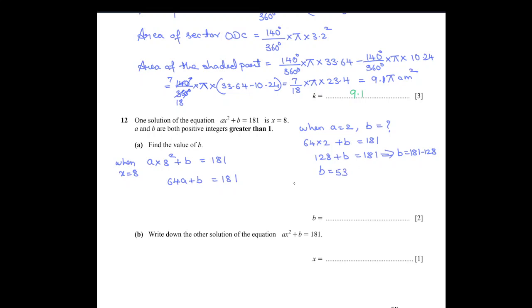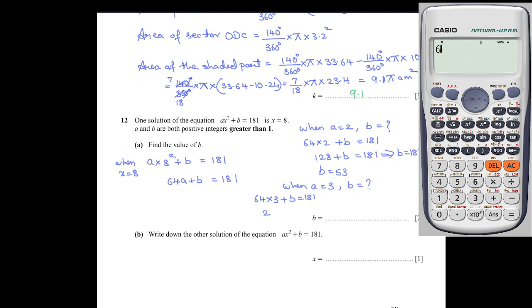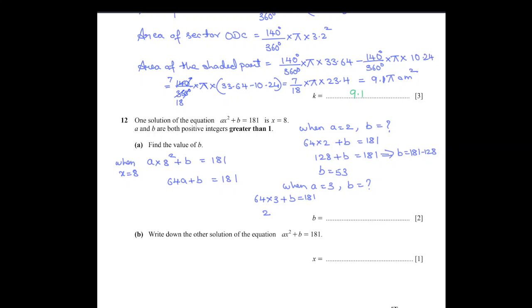Now next we will also take the other possibility, that is greater than 1. So let us take when a is equal to 3. Then b will be 64 into 3 plus b is equal to 181. 64 into 3 will be, 3 4s are 12. We can do it in the calculator also. 64 into 3 is 192.